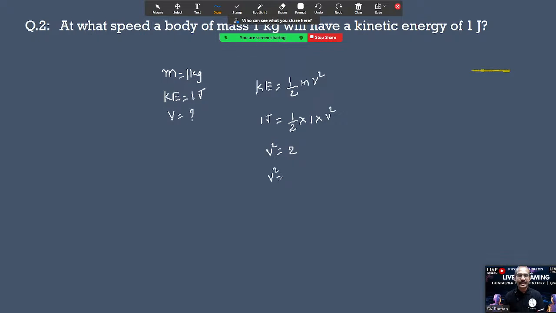So v is equal to root 2 meters per second. Still, some children will write 1.414 meters per second. Sorry, it's meters per second.